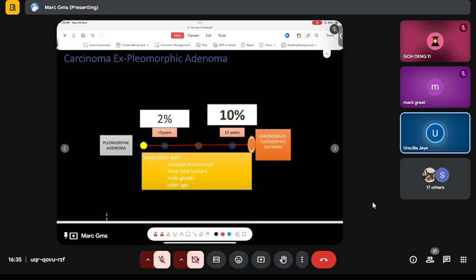And like I said, carcinoma ex pleomorphic adenoma has a 10% risk in 15 years of becoming a carcinoma ex pleomorphic adenoma. But of course, this is all just statistics. It can happen earlier, it can happen later, it may not even happen.